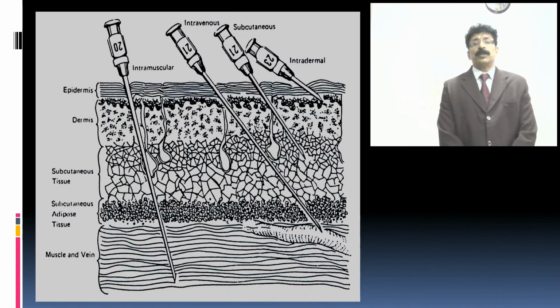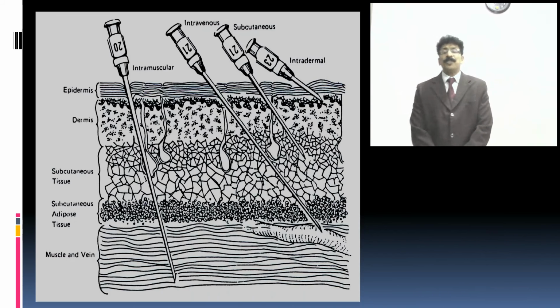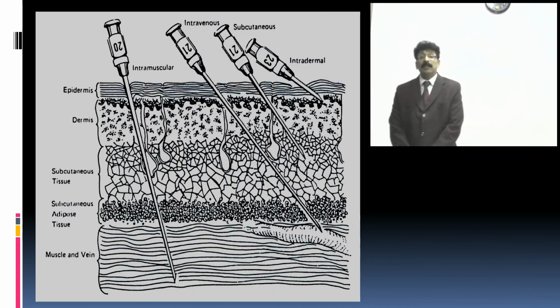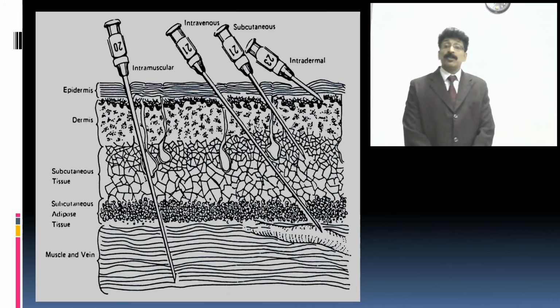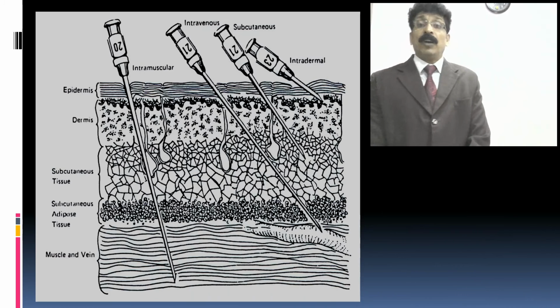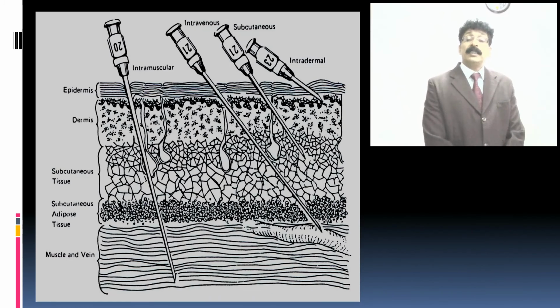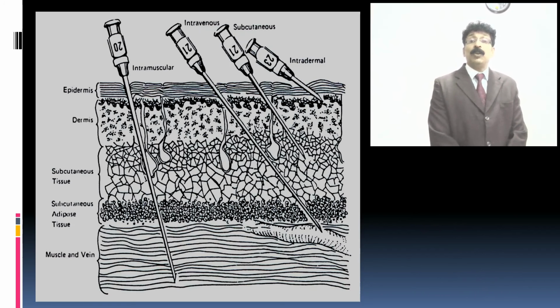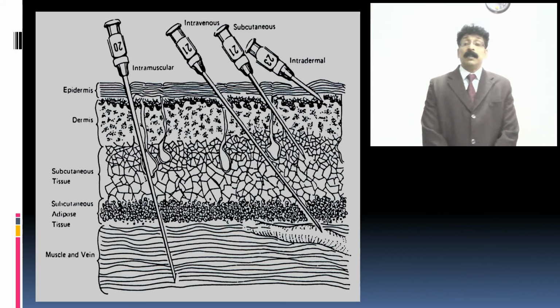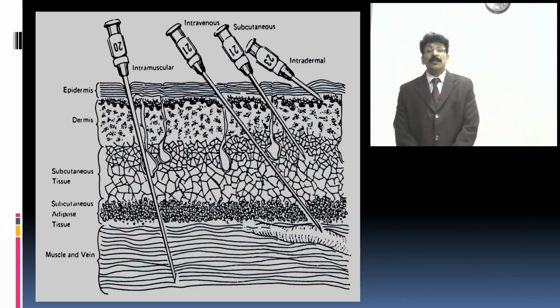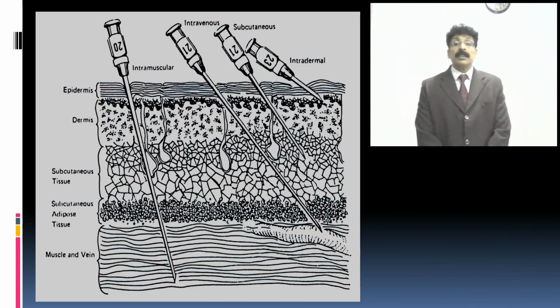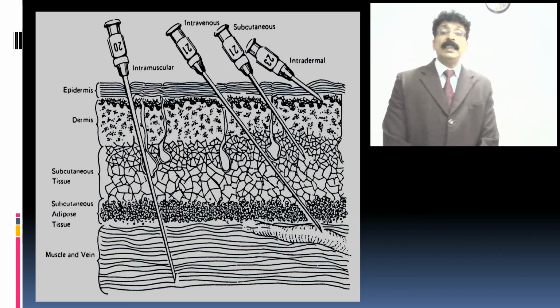You can see here the picture which shows intradermal, and you can see the needle number also, it is 23 size for a dermal injection. You can see intravenous, directly into the vein, where a thin 21 number can be used. You can see the intravenous at two places.